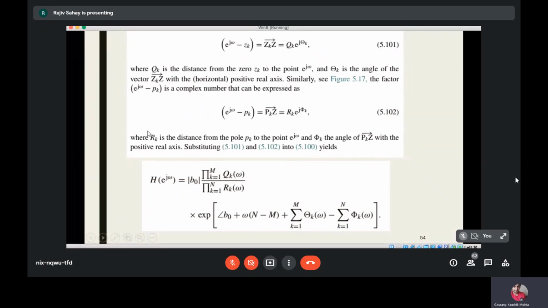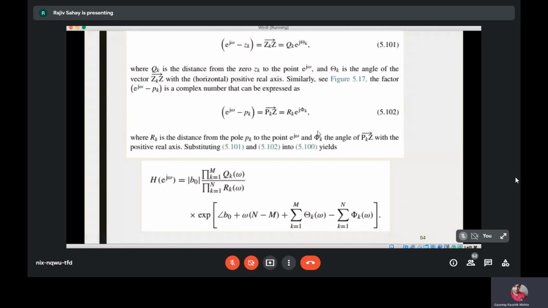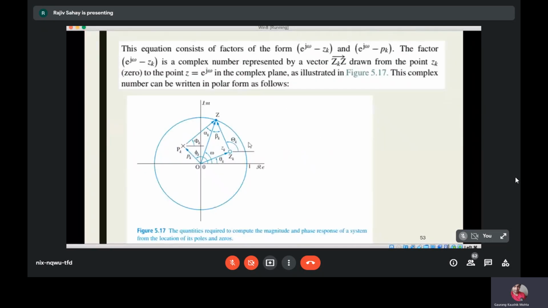You see here, Qk is the distance from Zk to Z. So there is a small notation difference. You see, this is capital Qk and this is capital theta k. So earlier you had small theta k here, and here you have capital theta k.